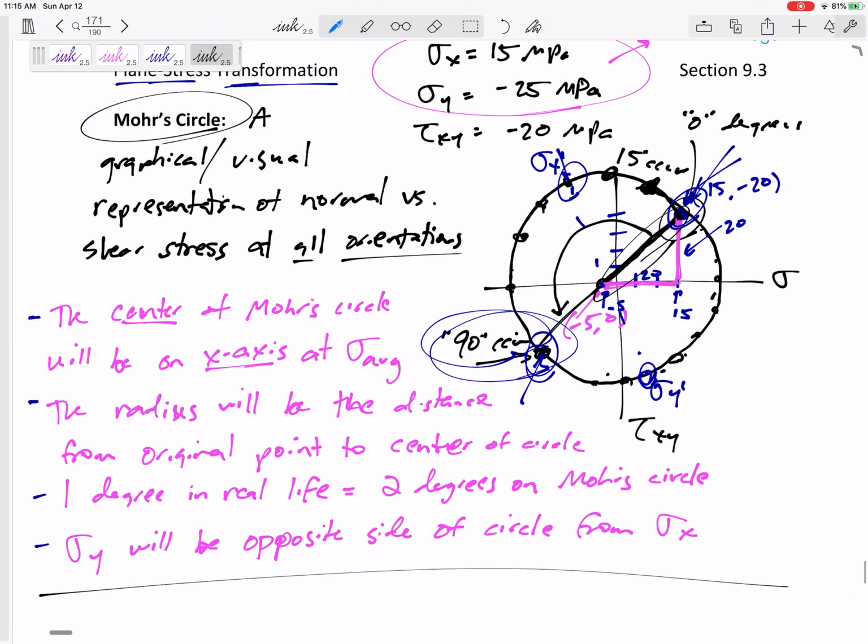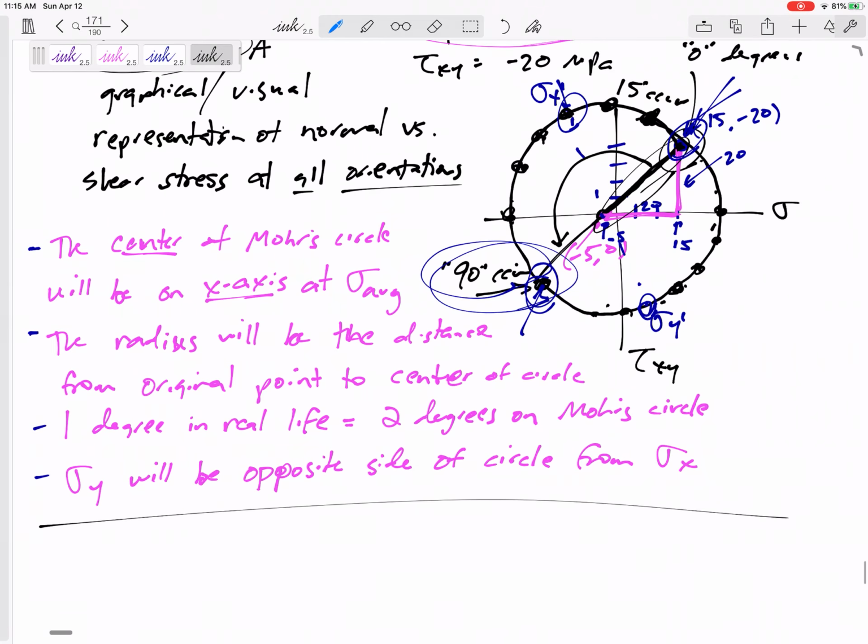Okay, Mohr Circle is the location of all of these points, all the different orientations of the stresses right there. Okay, now Mohr Circles will look completely different. I mean, you might have one Mohr Circle that's all over here. You might have one that is huge.